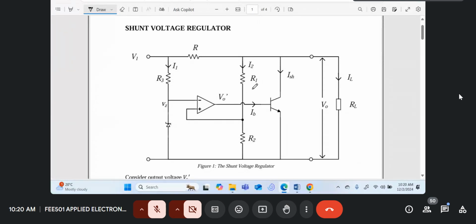Even this current I2 is normally quite small, but I've included it in the circuit. So the currents going into our regulator, if you neglect I1, is mainly I2, I shunt, and IL.